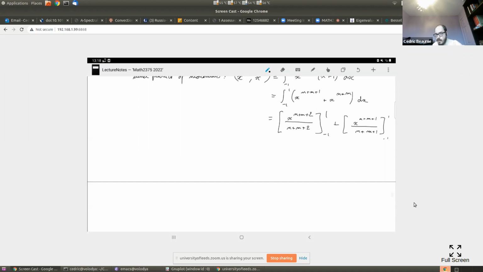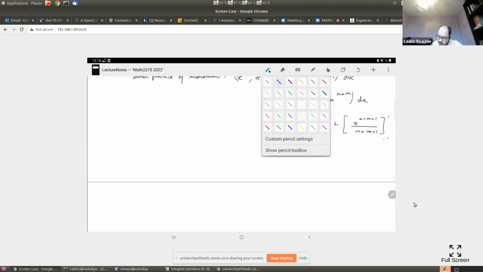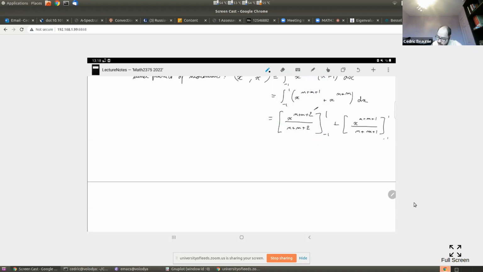If n plus m is odd, then this number here is going to be odd, and so this integral here is going to be equal to 2 over n plus m plus 2, and the other one is equal to 0 automatically, because n plus 1 is even.